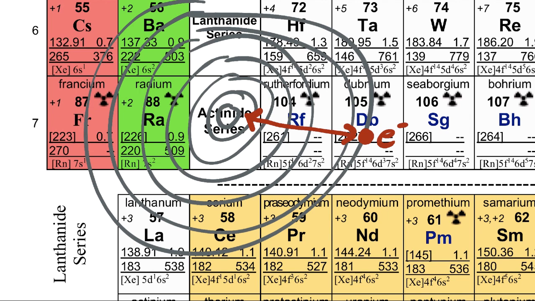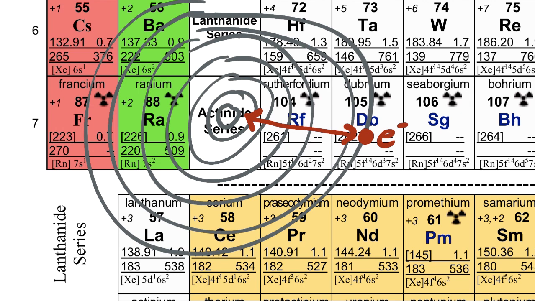That is a heck of a distance away from the positive core of francium. So if you have a great distance in between the positive and the negative, it's not going to be held on very tight. So francium is going to be the most reactive metal that you're going to find on the periodic table. Why is that? Because it has the greatest atomic radii, and I want you to think of this too.